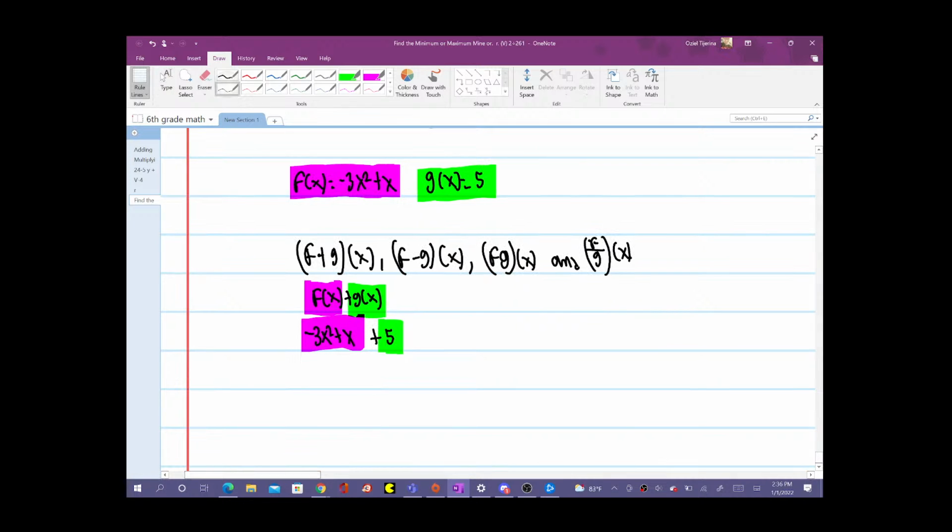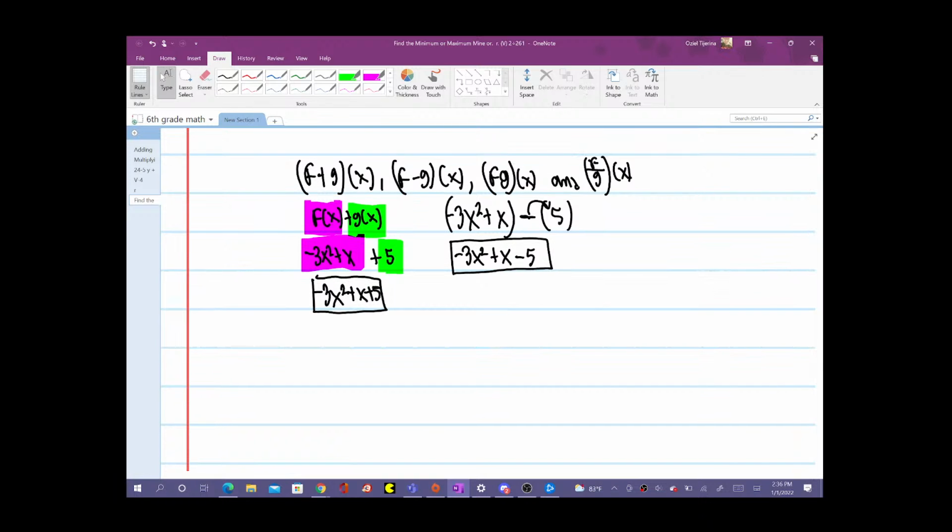Then the answer is negative 3x squared plus x plus 5, f plus g of x. F minus g of x is going to be negative 3x squared plus x, but instead of doing a plus, we're going to do a minus. So it's going to be minus 5. We distribute the negative in, we get minus 5 right there. So that's f minus g of x.